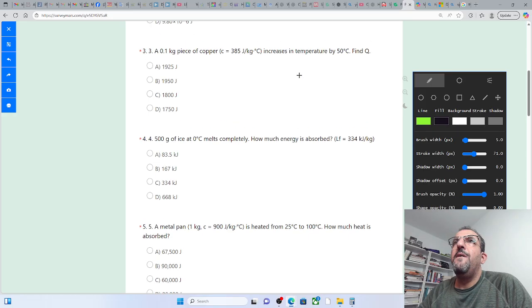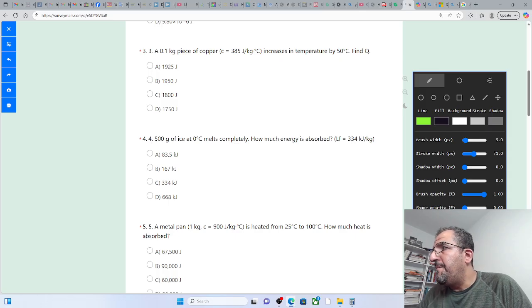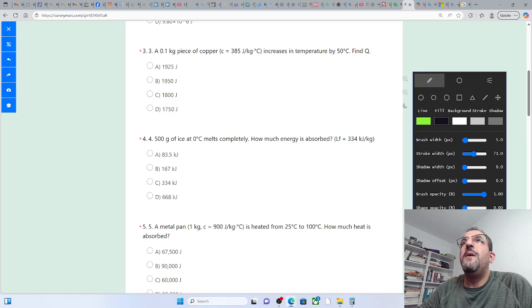Okay, for problem 3, we have a 0.1 kilogram piece of copper with specific heat 385, increases in temperature by 50 Celsius. Find Q, which is the heat.